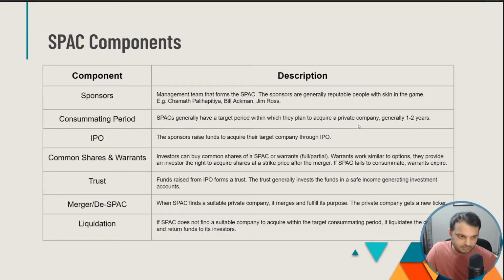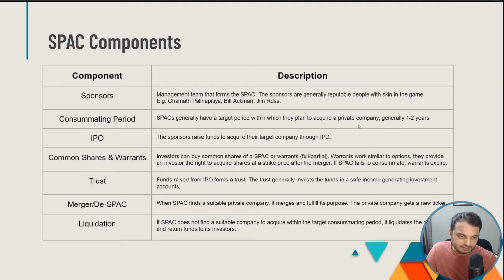IPO, everyone knows what that is. Common shares and warrants. For SPACs, you do have another component. When you are issuing shares, you can also sell warrants. Warrants are like options, but they're a little bit more manual in terms of exercising. And if the SPAC falls through, your warrants become useless.